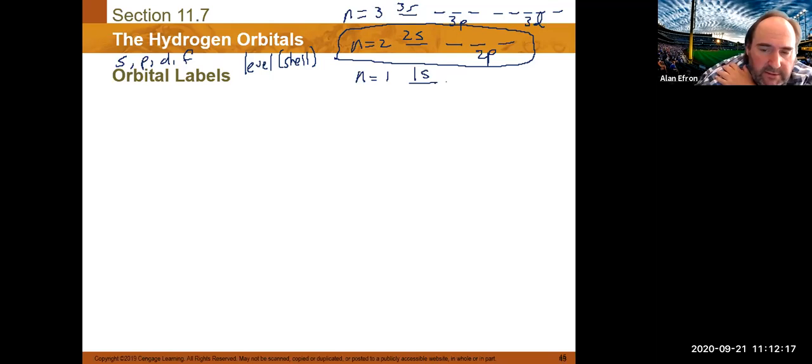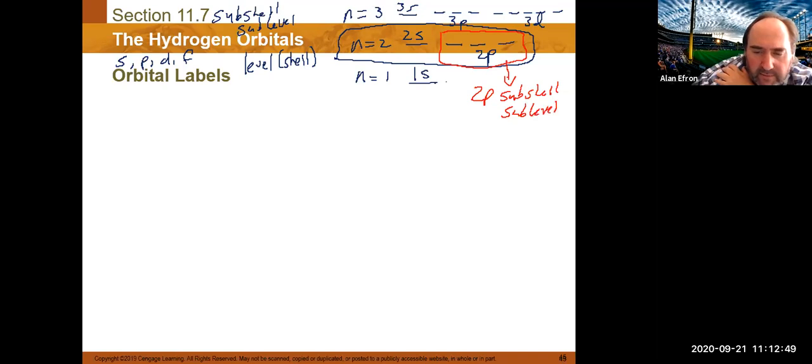Now, another terminology that is sometimes used is what is sometimes referred to as a subshell or a sublevel. Depending on your book, some people use shells or levels. And when we talk about a subshell or a sublevel, we're talking about a specific set of orbitals. So what I'm putting here in red, these 3 p orbitals is what is known as a 2p subshell or sublevel. I'm going to go with level since it looks like your book uses level.